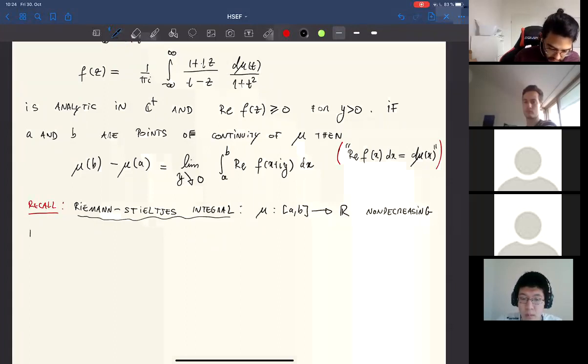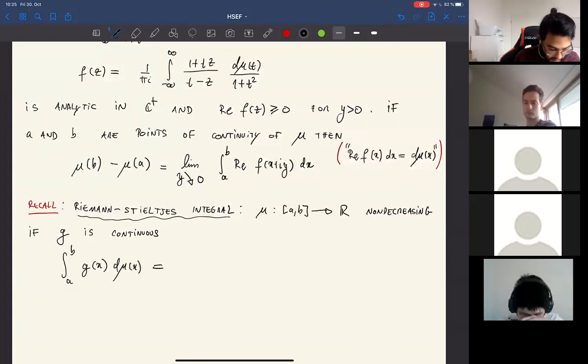So basically, if g is, let's say, continuous, then you can define, and you can actually show that this definition makes sense, which is going to be the limit when the length of the partition goes to 0.